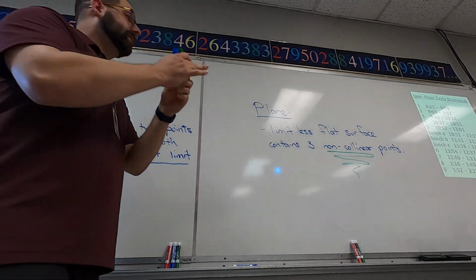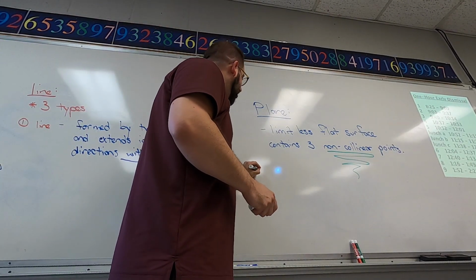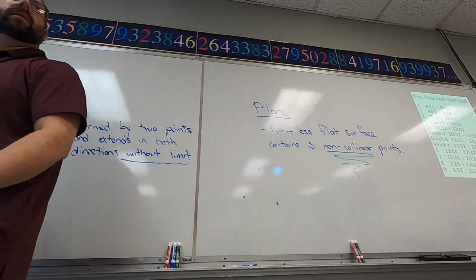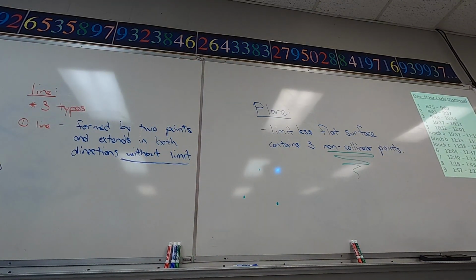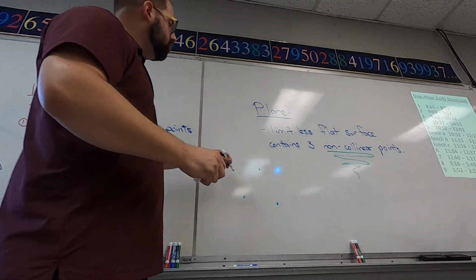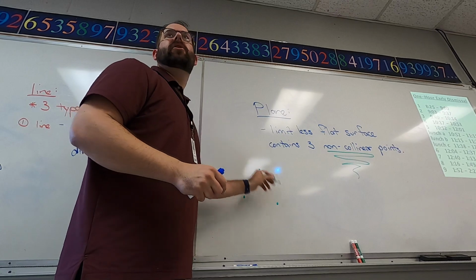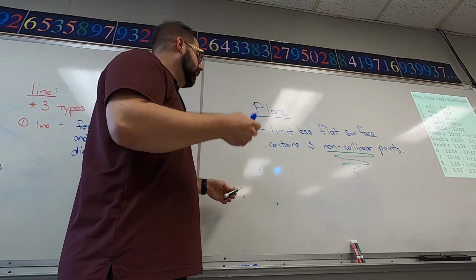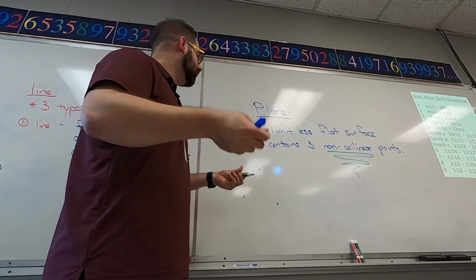Non-collinear means they're not. So if you pick any 3 dots you want, just make sure that it makes like a triangle between them. They're not in a straight line with each other. Any 2 dots will have a line, right? Any 2. But when you put all 3 in this weird triangle pattern, there's no way you can draw one line that will hit all of them unless it's curved, right?